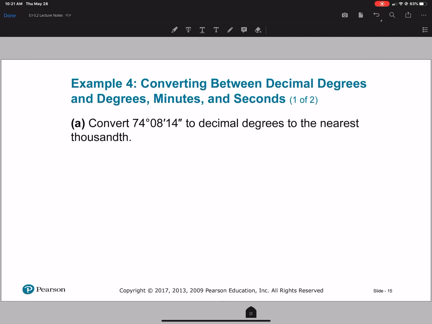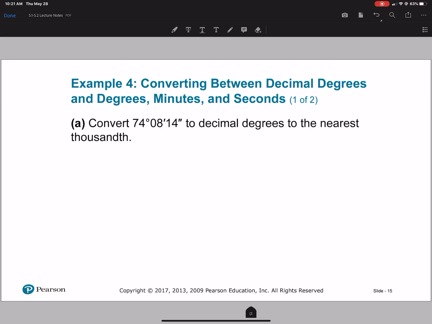Now let's look at this. Now this is converting between decimal degrees and degrees, minutes, and seconds. So from decimal to degrees and degrees to decimal. All right, to DMS. So let's look at this.